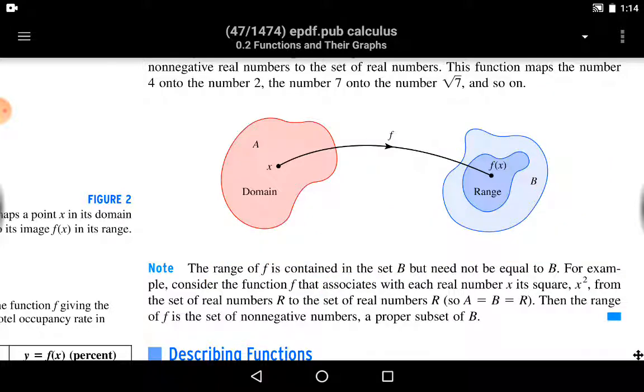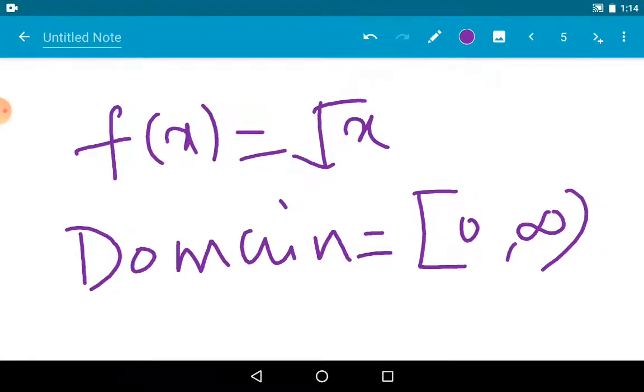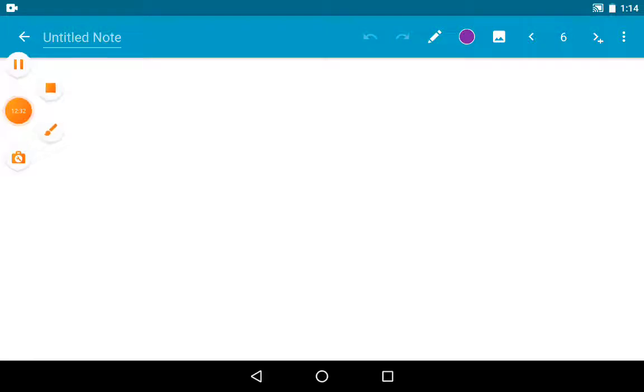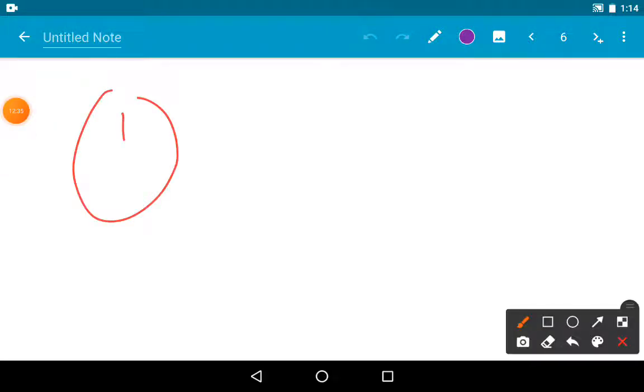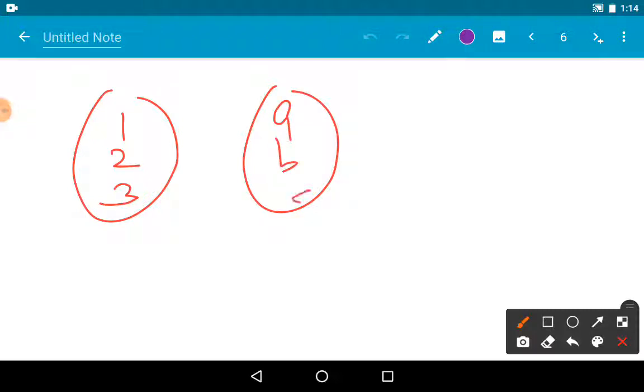Okay, so let us take an example. Consider the same example we discussed, with A, B, C, and we mapped it in this manner.